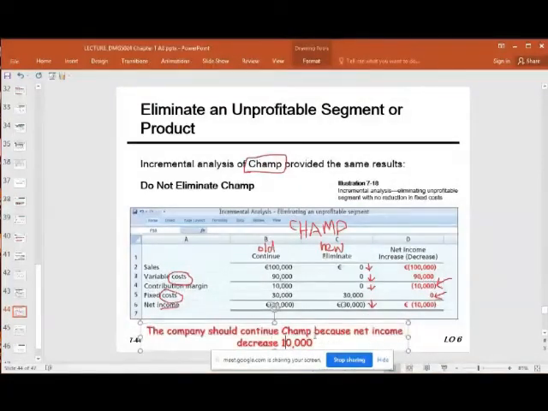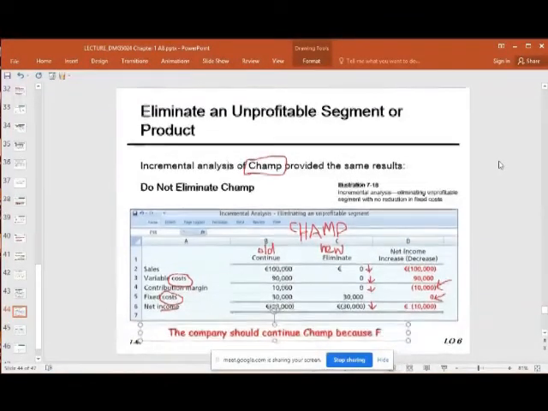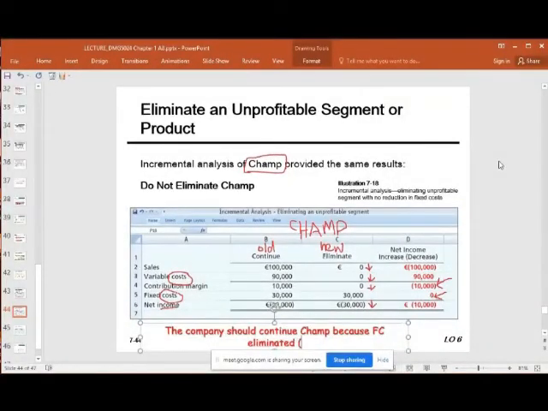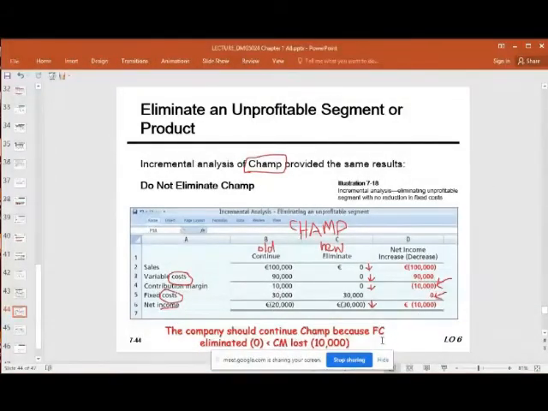So the company should continue CHAM because, so I can use this also. Fixed cost eliminated, which is 0, is lesser. Okay, then contribution margin lost, which is 10,000. You can also give this answer, no problem.